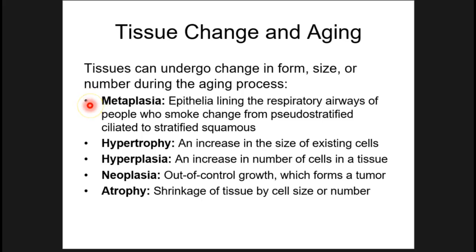Metaplasia means converting one cell type to another. So today we learned about the purpose of stratified squamous epithelium being protective, right? If there's going to be friction there, we want there to be stratified squamous epithelium. In your esophagus, you have stratified squamous epithelium, because if you swallow a Dorito, you don't want that to slice into that skin. You want that to be protected.